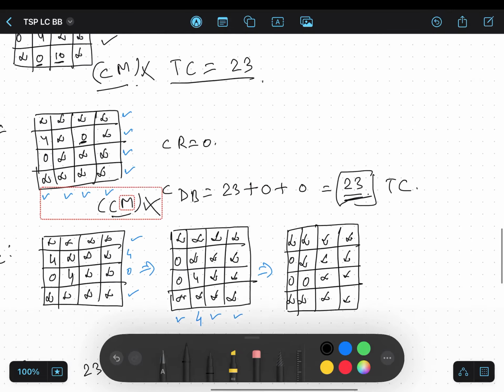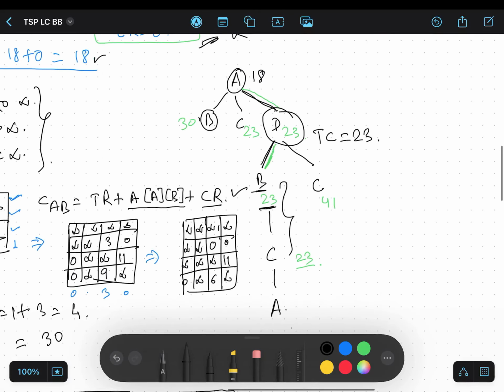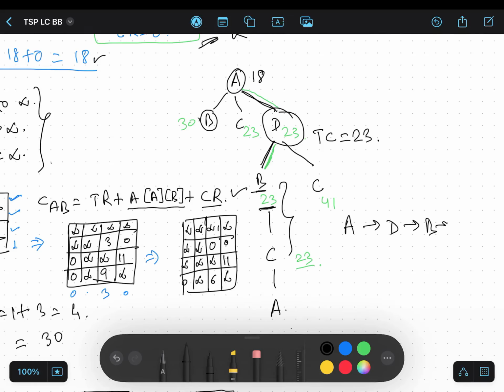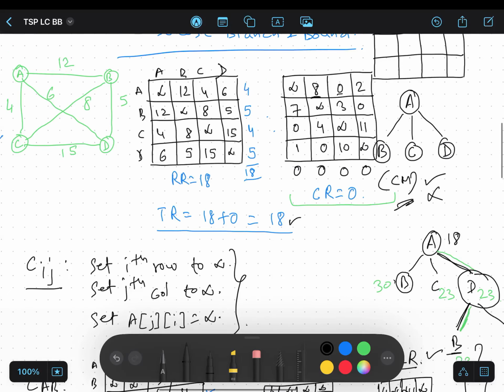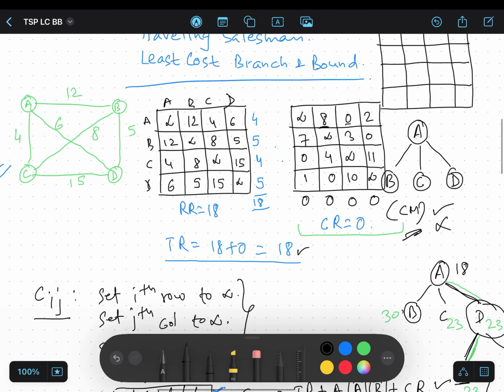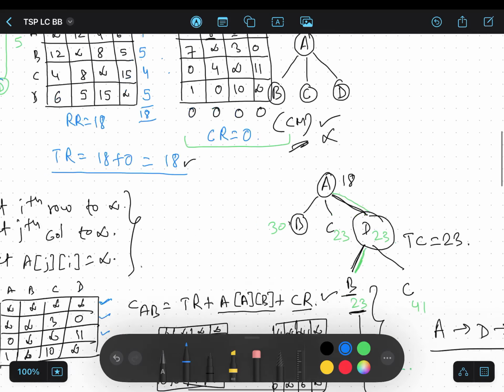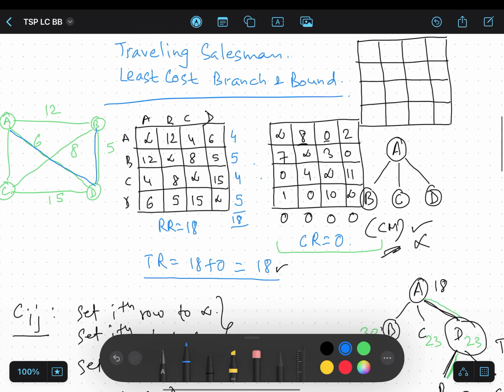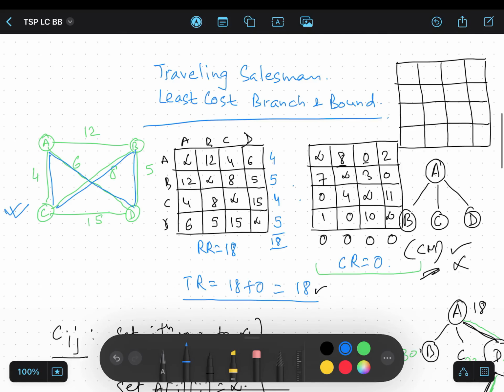And we followed this path. We followed A to D to B to C to A. Now if we look at the matrix, we followed A to D, D to B, B to C, and this.